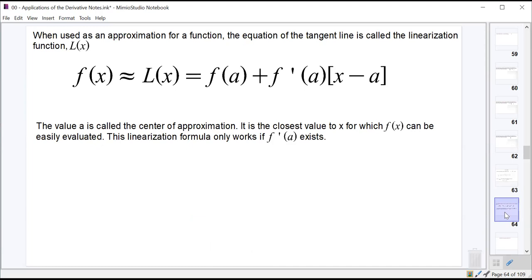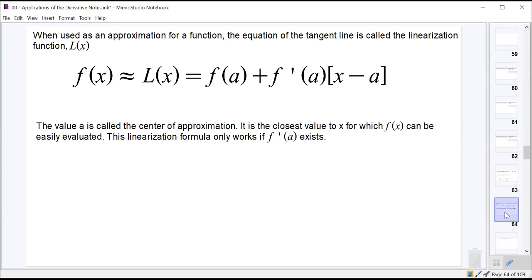We're going to call that the linearization function. So we've used a tangent line at a to say that we can approximate f of x at some value close to a using this linearization function, which is just the equation of the tangent line at a. And we're going to call a the center of our approximation. That's what a is called.